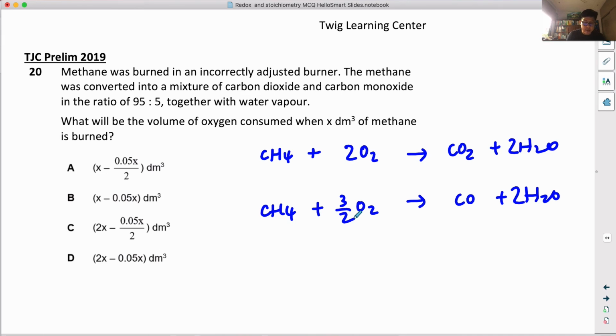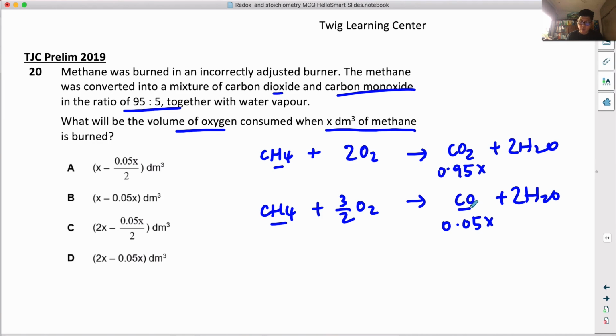They mentioned that carbon dioxide and carbon monoxide are in the ratio of 95 is to 5, and the amount of methane used is x dm cubed. What would be the volume of oxygen consumed? I'm pretty sure that this one should be 0.95x dm cubed, and this will be 0.05x. The reason I do that is because methane and carbon dioxide are 1 to 1.